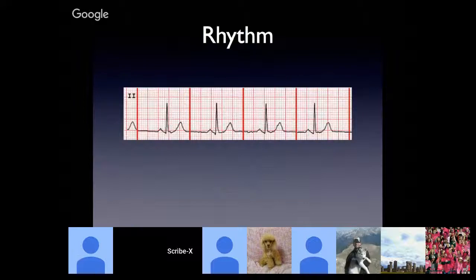By the way, when I'm looking at an EKG, I generally look at lead 2 in order to determine the rhythm. And I see that in this particular EKG, there happens to be a P wave in front of every QRS: P, QRS, P, QRS, P, QRS.